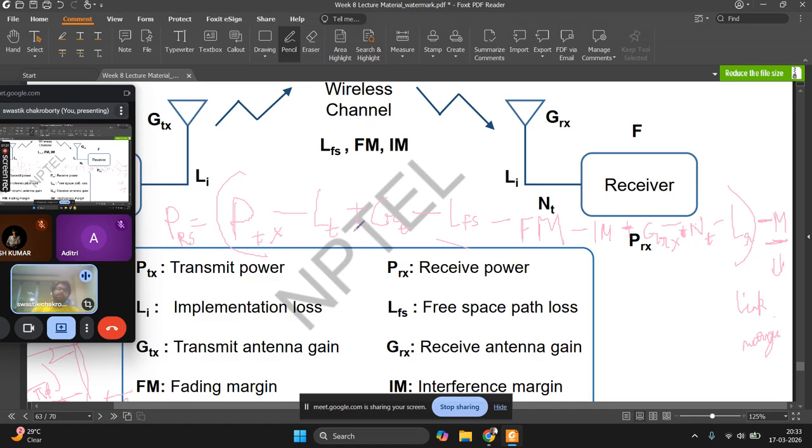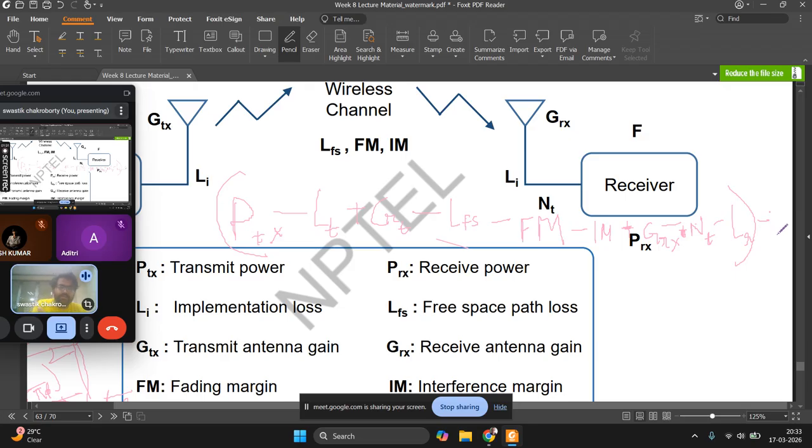Receiver sensitivity means if you subtract from the final received effective power, it should be some dBs above the receiver sensitivity. Or you can write like this. Actually, this one will be more logical.